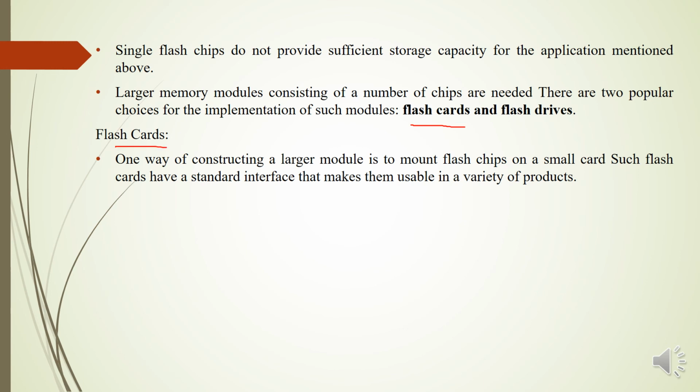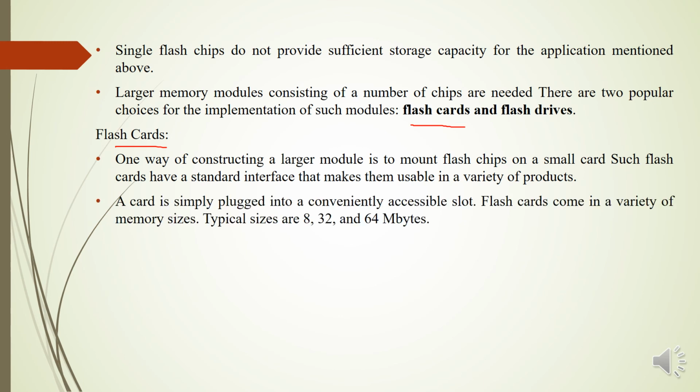One way of constructing a larger module is to mount flash chips on a small card. Flash cards have a standard interface that makes them usable in a variety of products. A card is usually plugged into a conveniently accessible slot.